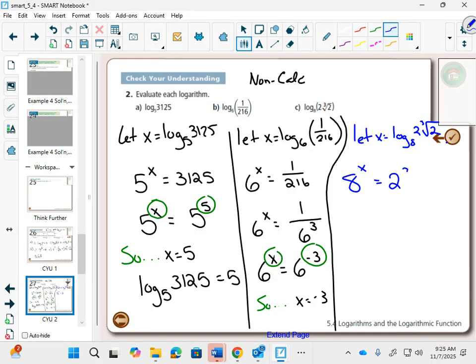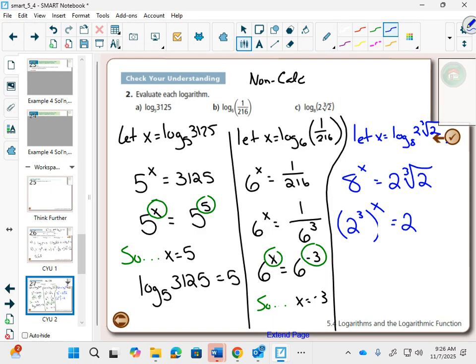And I have 2 cube root of 2. Are 2 and 8 in the same column of your powers chart? Yes. I can write 8 as, what could I replace the 8 with? 2 to what power? Oh, yeah, 2 to the 3. 2 to the 3 is 8.